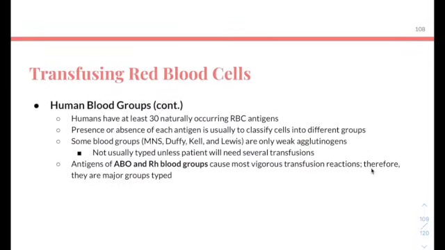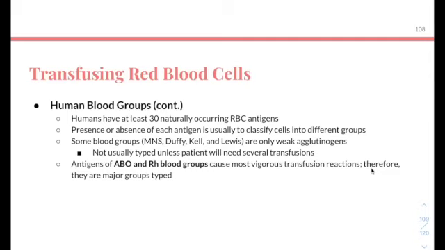Humans have at least 30 naturally occurring red blood cell antigens. There could be the presence or absence of each antigen to help classify the different groups, which is what we did in lab on Tuesday. There's other blood groups, some of them are MNS, Duffy, Kell, and Lewis, but they're pretty weak.